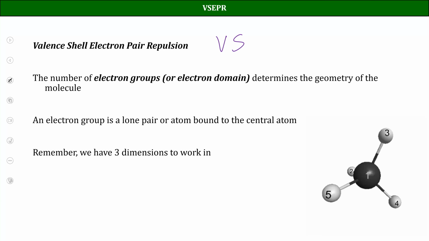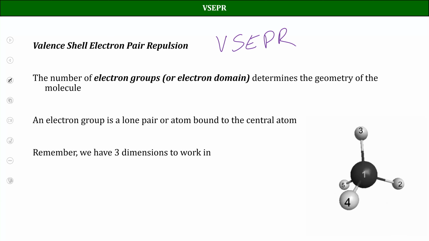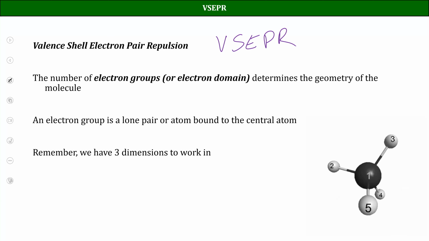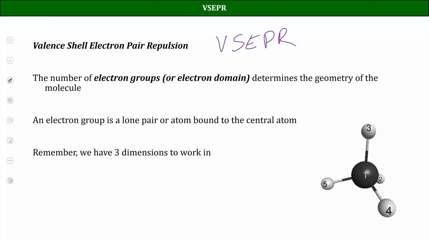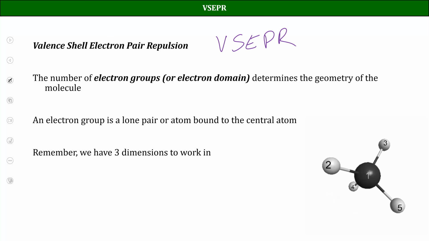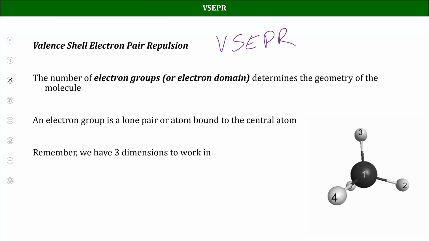So the acronym is VSEPR. Every class I've ever taken just pronounces it VSEPR, even though that's the wrong order of letters. It's close enough. So we'll call it VSEPR geometries, just because VSEPR doesn't roll off the tongue so well.